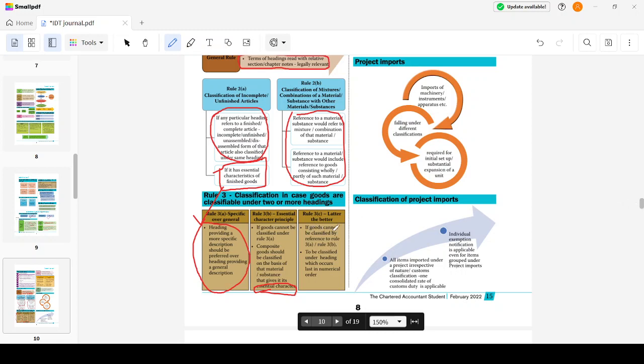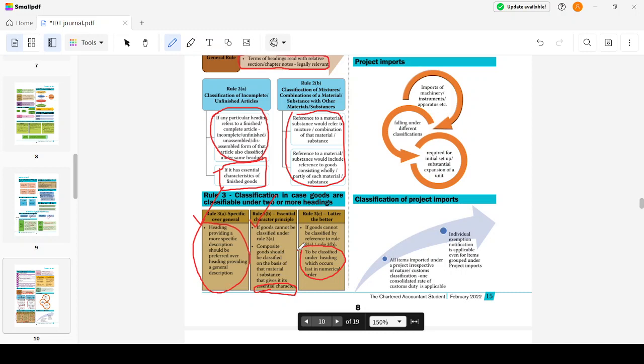Later the better. If the goods cannot be classified either in 3A or 3B, then later the better. Why is this rule there? See, if the first one is applied, then there's no need for the second one at all, right? So if something is coming later, then that will be the revised one, so I'm going to apply that one. For example, you say iron related articles, and then you specifically say thin iron articles.